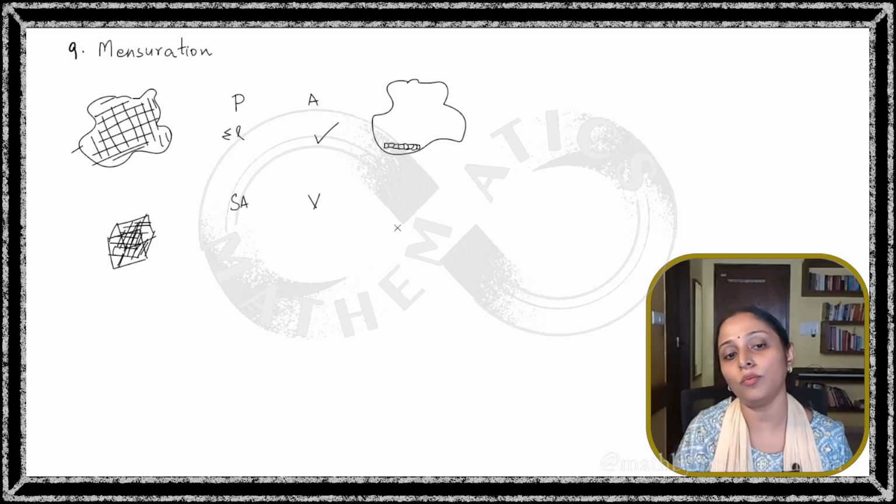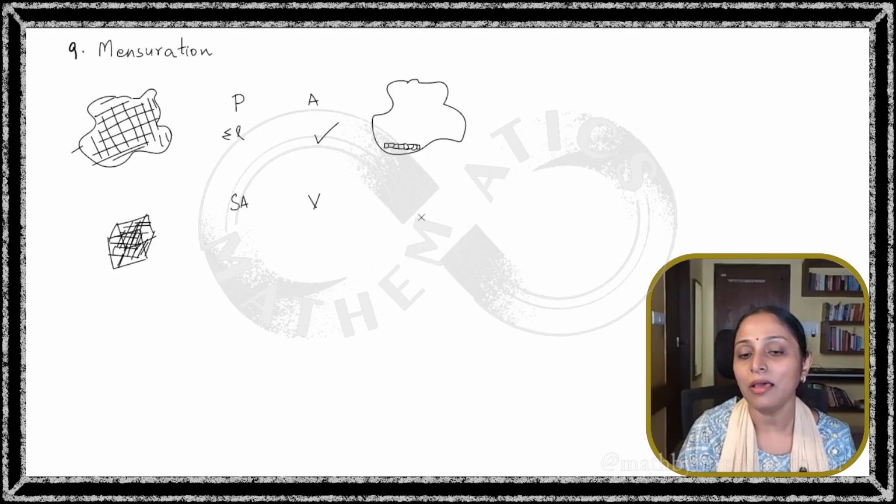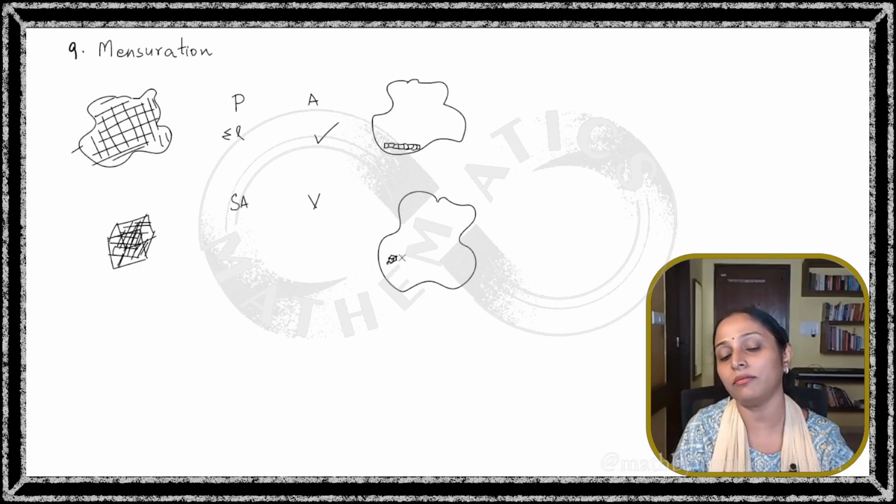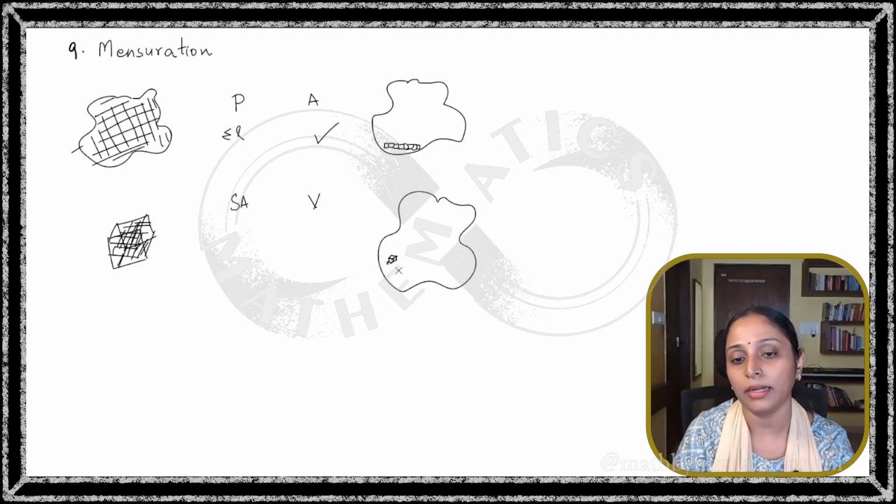Similarly, for volume, what you can do is imagine filling up the space inside this three-dimensional solid shape using unit cubes, right? However many unit cubes it is going to take to fill up the entire volume inside this solid shape, that is going to be the volume of the particular solid shape. That is one way of looking at it.